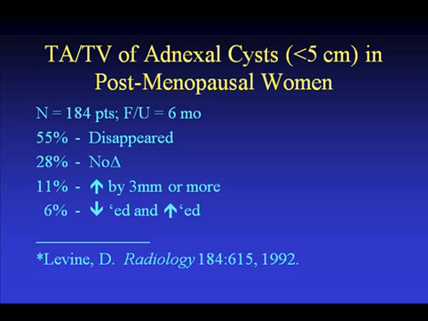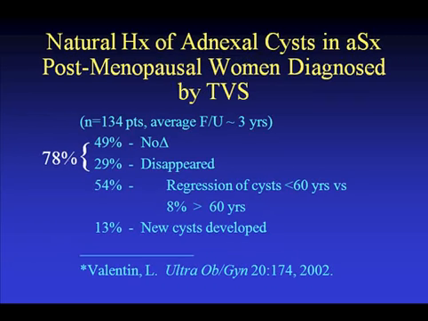Some of them enlarged and some of them got bigger. In a larger study from Scandinavia, you could see that whether or not these cysts regress is related to age, with the younger patient having the more likelihood that cysts would regress.